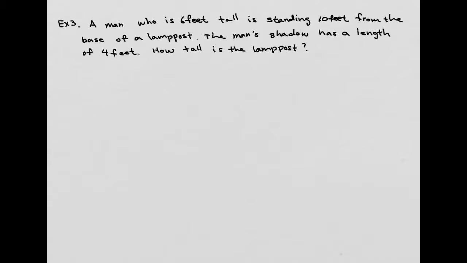Let's say we have a lamppost, and then 10 feet in front, a man is standing, and he has a shadow of 4 feet. And the question is asking how tall the lamppost is. So this is the height they want to know.